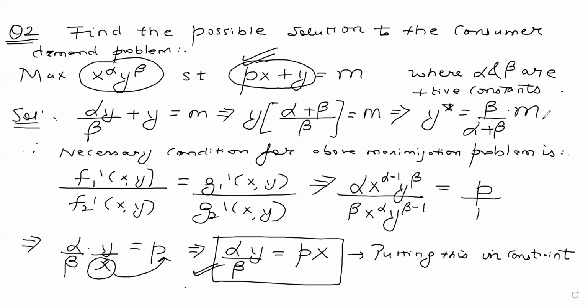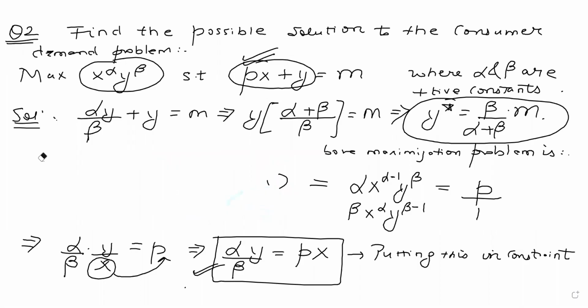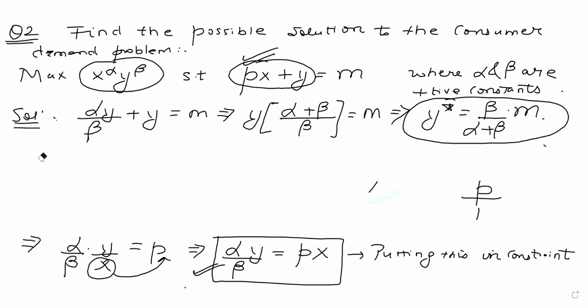Okay, and if I plug this value now in the equation for x star, I can get the required value of x star. Erasing this particular part, we can now find out the optimum value of x star. I can write px star is equal to alpha y star by beta.